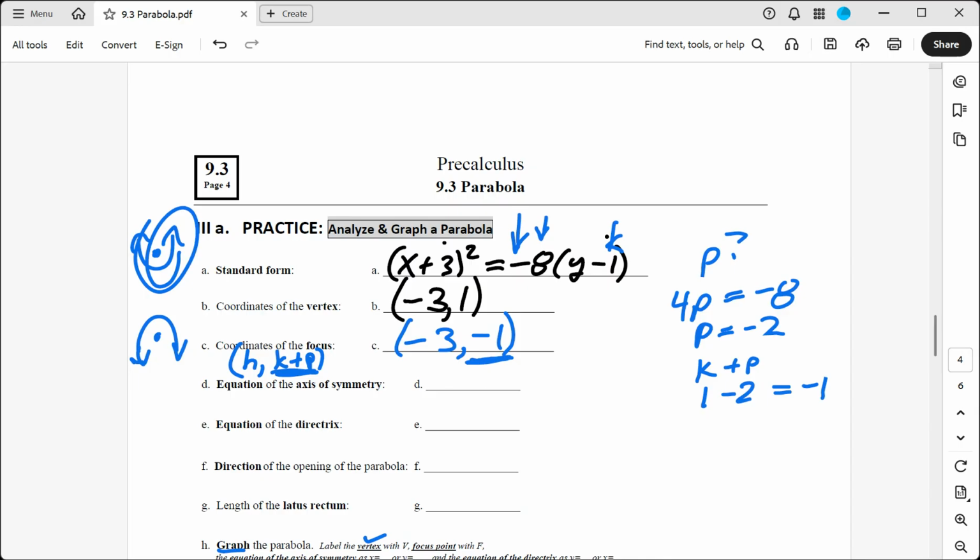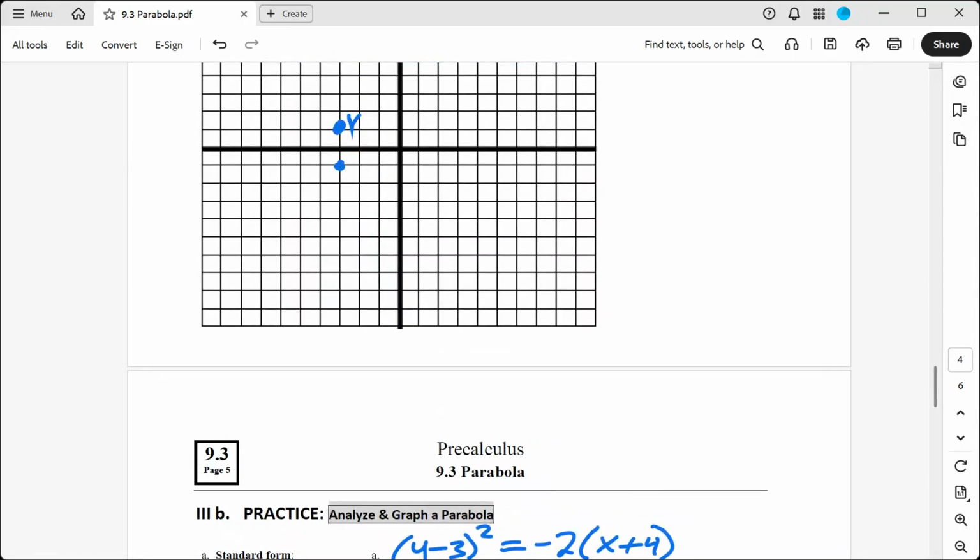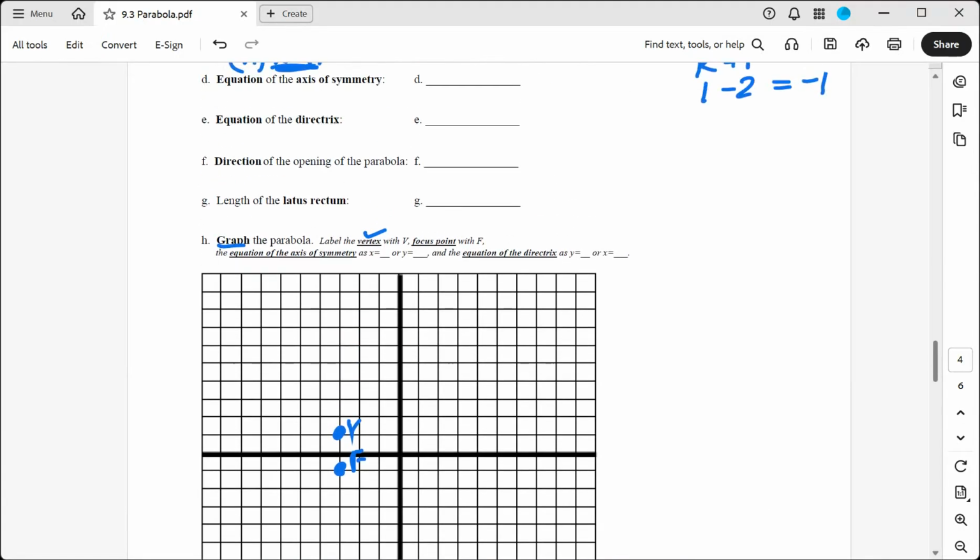So if you forget which way it goes, just like I did here, it forces you to go in the right direction. So the focus point is going to be down here. Okay, I'll put F for the focus point. And that means the directrix will be the same distance the other way, 1, 2, and that's where we're going to draw this line for the directrix.